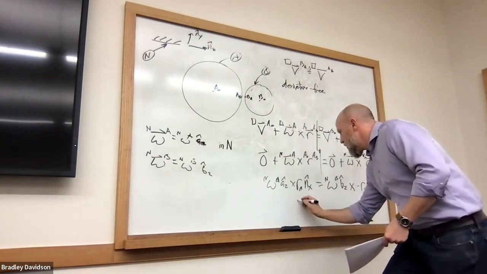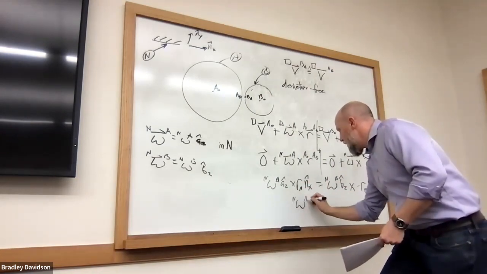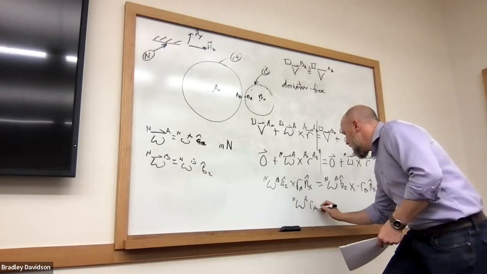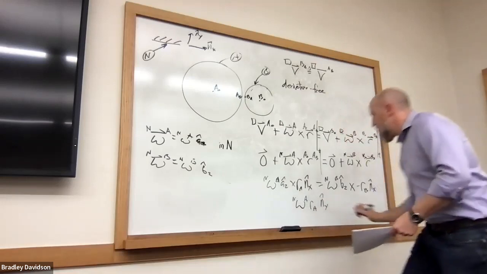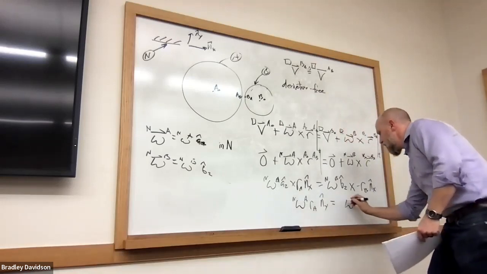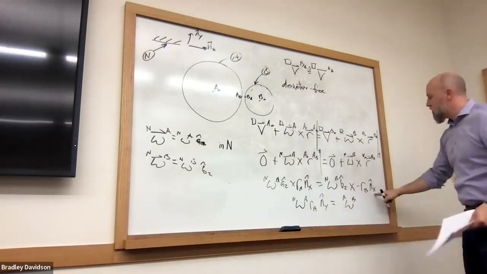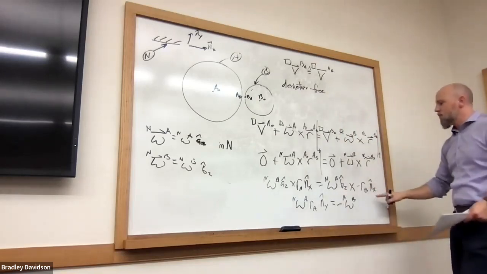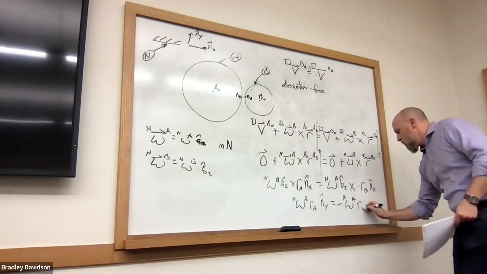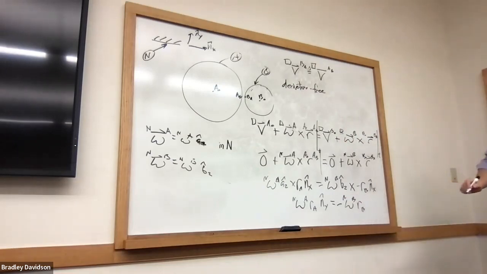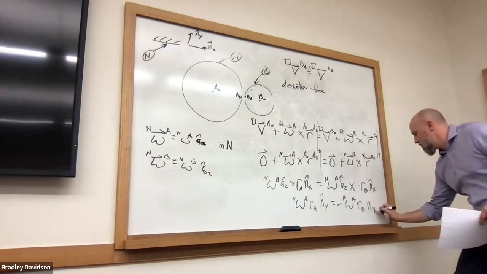And so we get omega in A R A in the NY direction is equal to omega in B, so it's negative, and it's Z cross with X, and so R B. I'm pulling my negative out, so we're good, and that's in the NY direction.